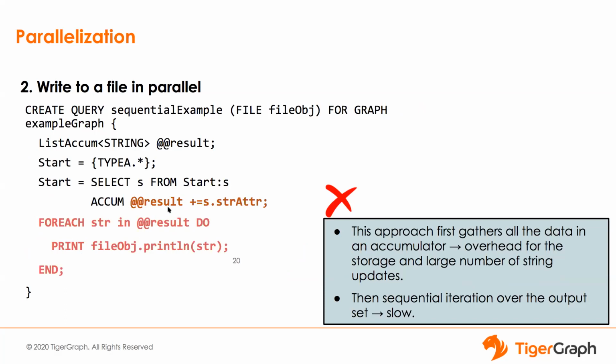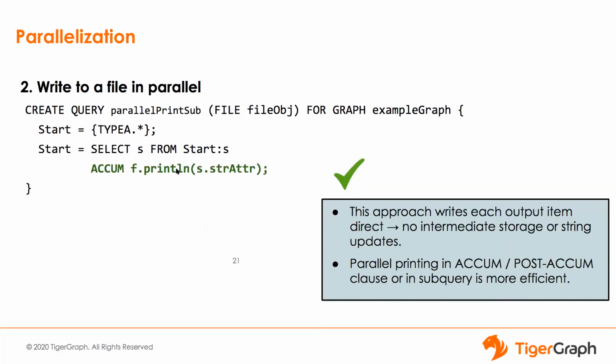If it has millions of elements, then we have to run this print statement a million times. A better way of doing this, because we are getting the attribute from the vertex anyway, is to move the print statement into the accum clause. This way, the file writing becomes parallel, and it will be a lot faster.